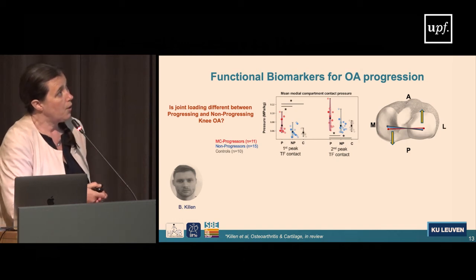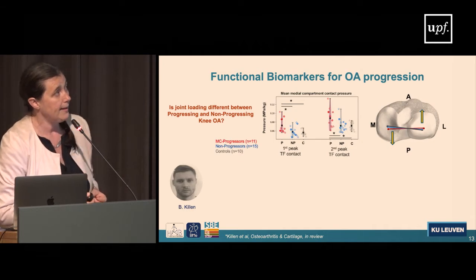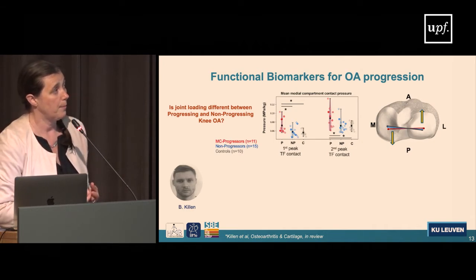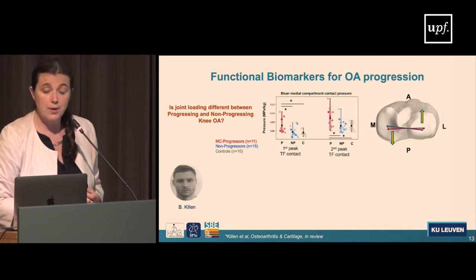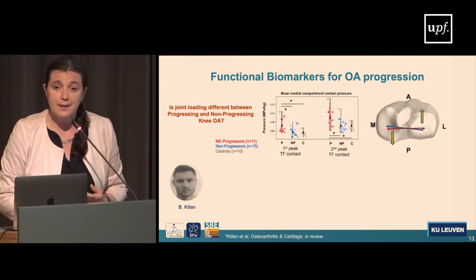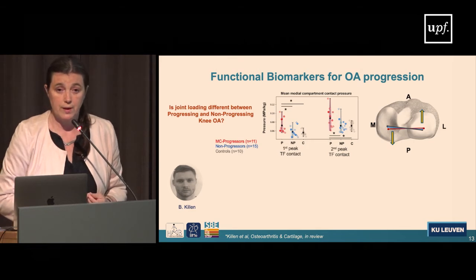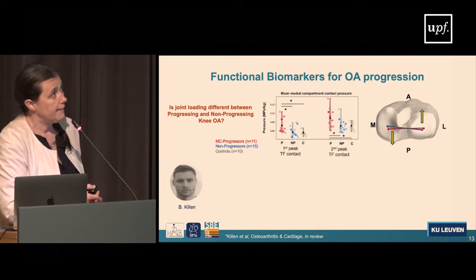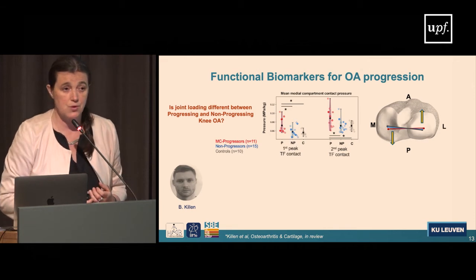And using our medial compartment contact pressure, we could indeed indicate in this subset of patients that a higher medial compartment pressure indeed characterized the progressor cohort. And the non-progressors, they did not show any significant differences with the control subjects.